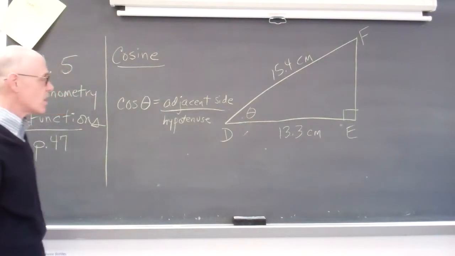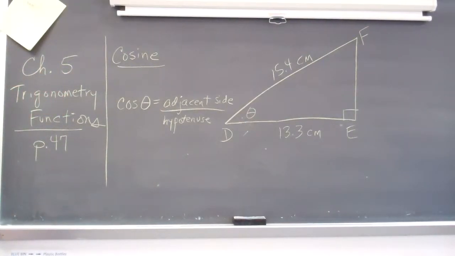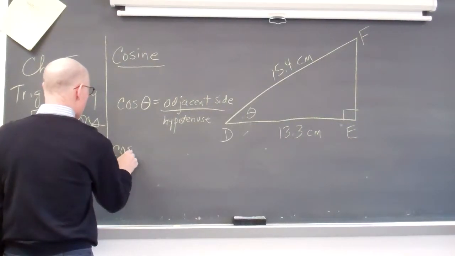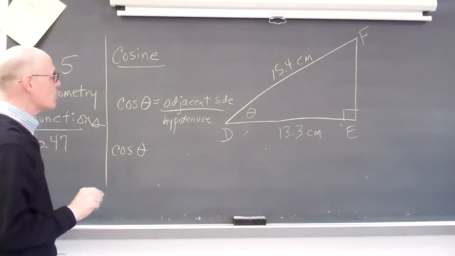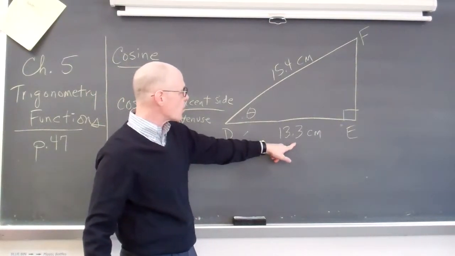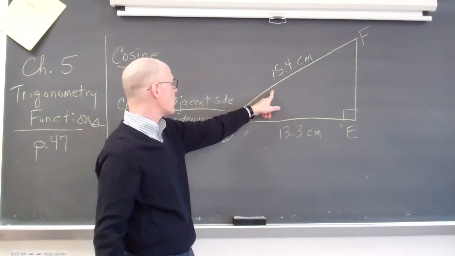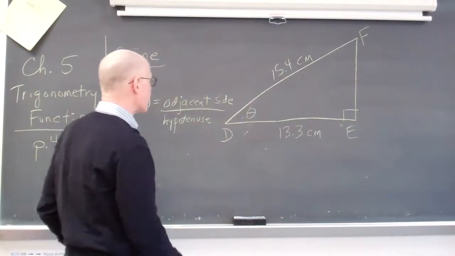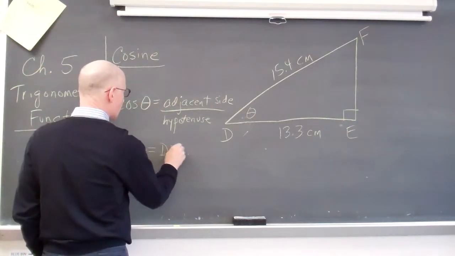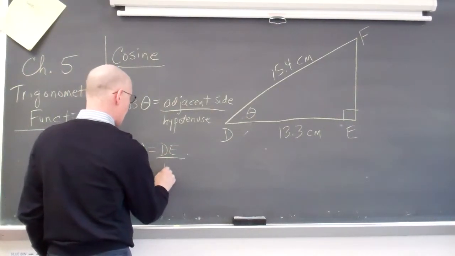In this case, it's the adjacent side compared to the hypotenuse. So if we look at this triangle, then the cosine of that angle compares the length of side DE, 13.3 centimeters, to the length of the hypotenuse side DF, 15.4. So it would be the length of DE compared to DF.